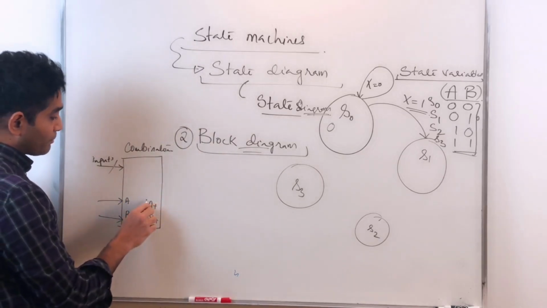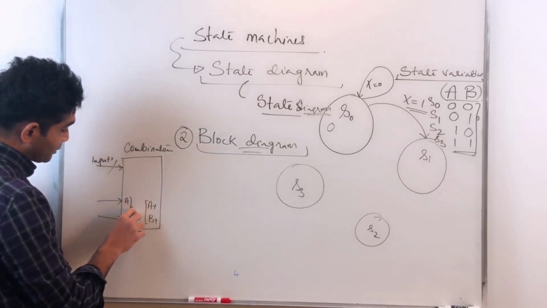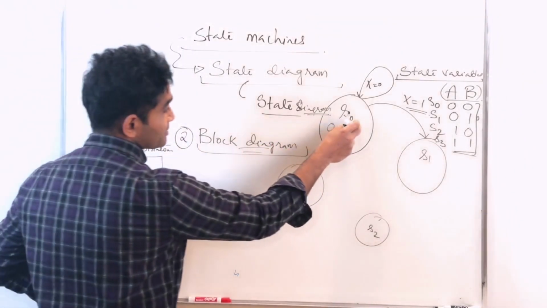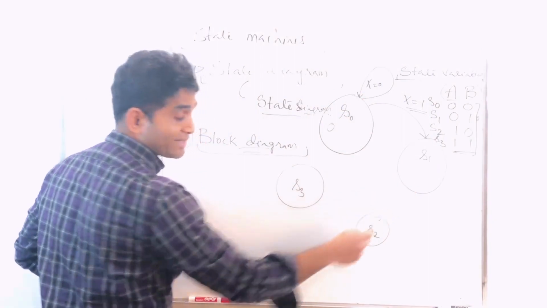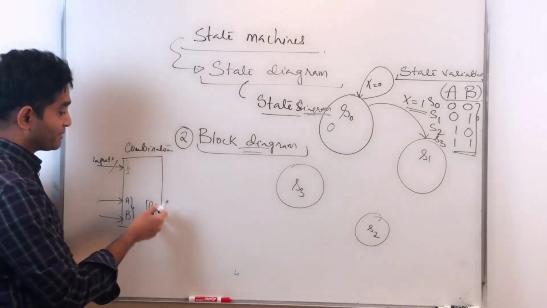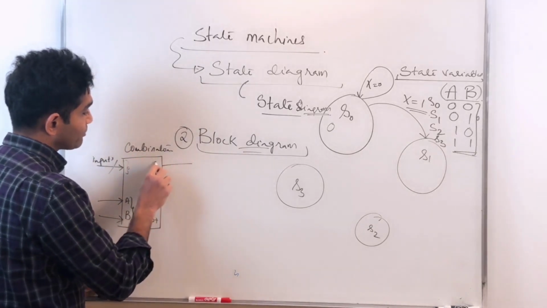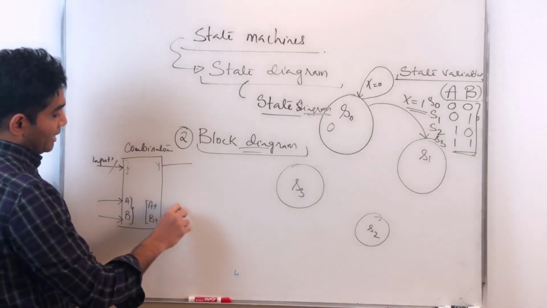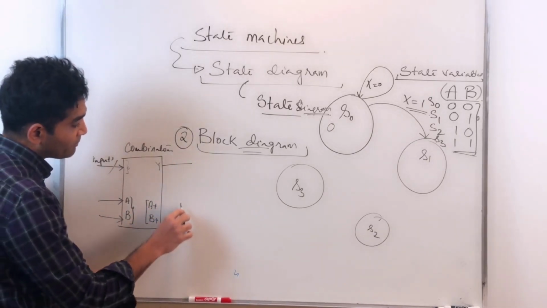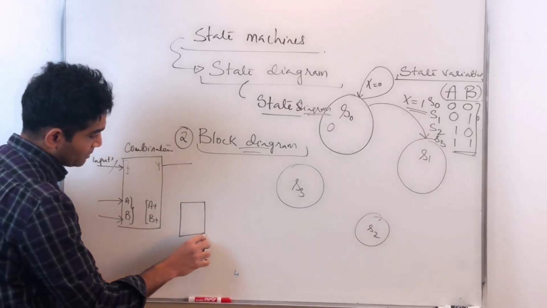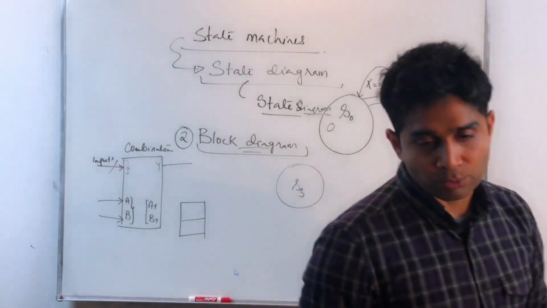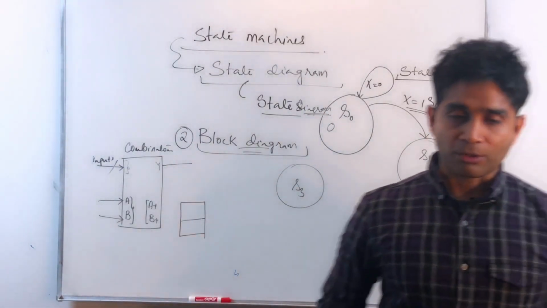How do I compute this? I compute this based on the present state values at a given instant of time and the inputs, right? Present state and the inputs determine what my next state should be. So this combinational block does that for you. You ultimately need to design that combinational block, and of course you may have some outputs as well. The number of state variables I have determines how many flip-flops I'll be using, because the flip-flops store the state information during the clock cycle.